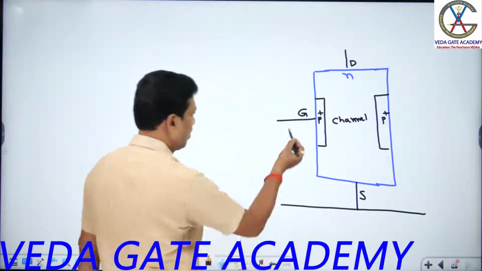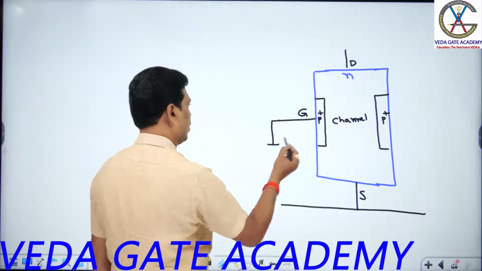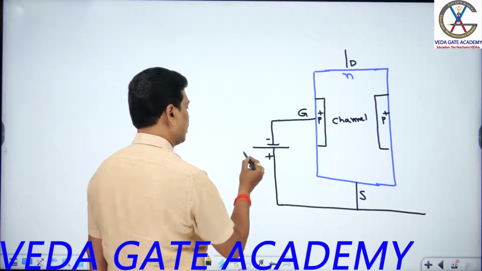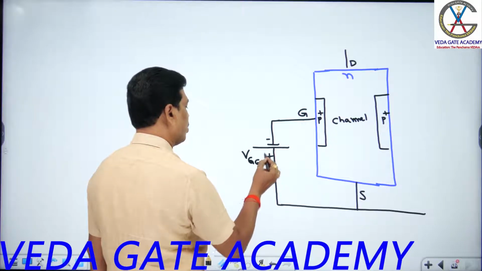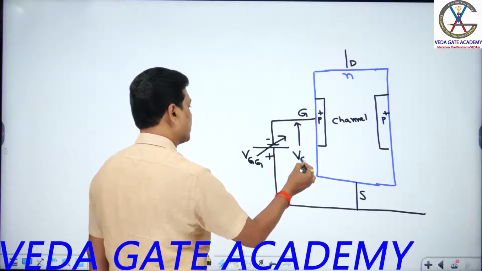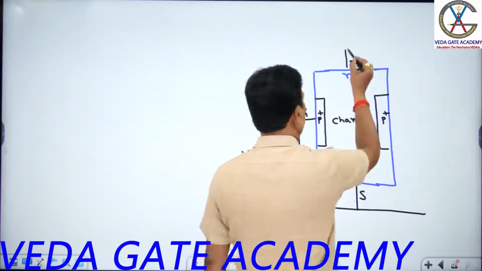Now what I told you is that you can vary the gate voltage. This is the reverse bias gate voltage, students, VCC, kept as a variable. The corresponding gate voltage is VGS, keeping the drain voltage constant, students.